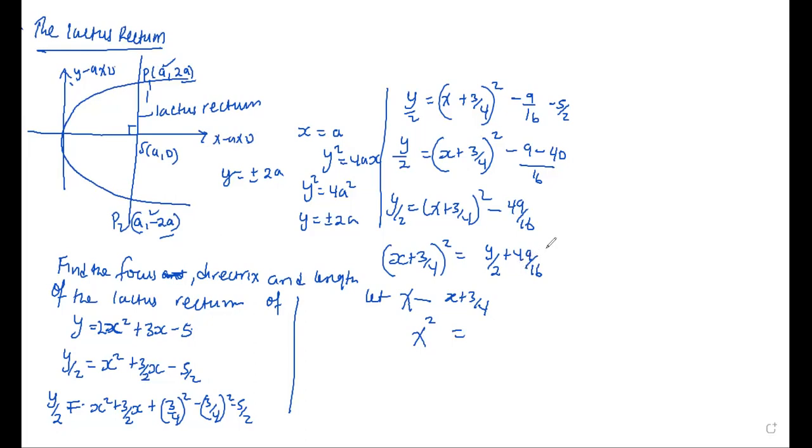if you factorize this out, this becomes what? You have 8y plus 49 over 16.